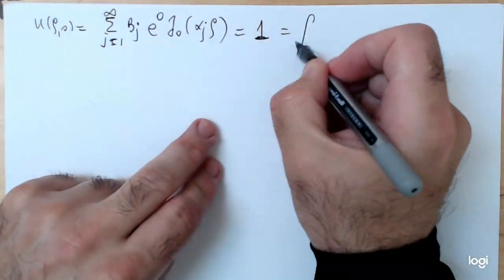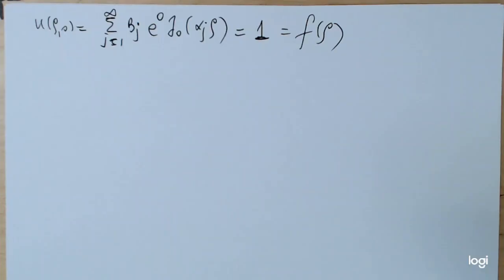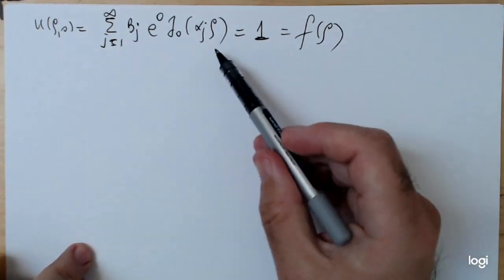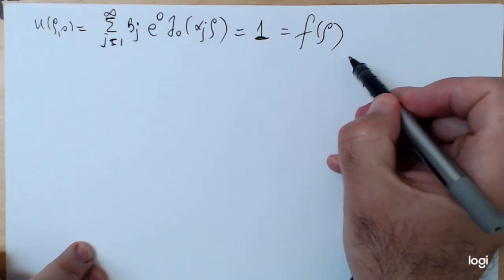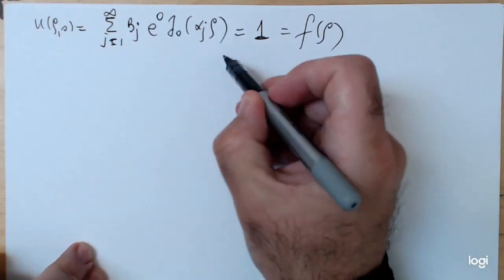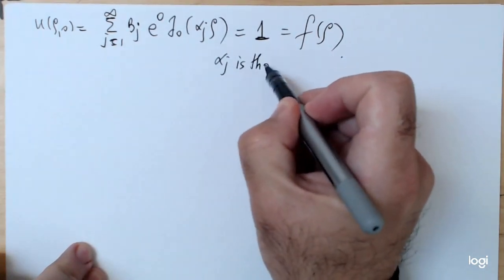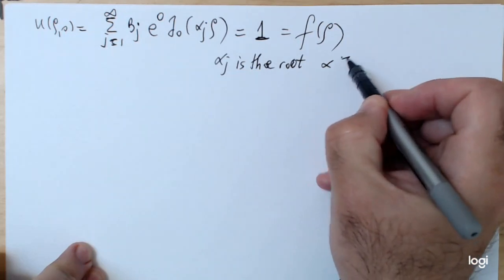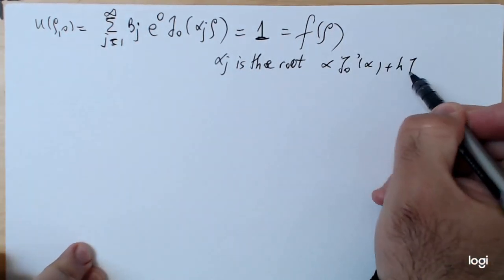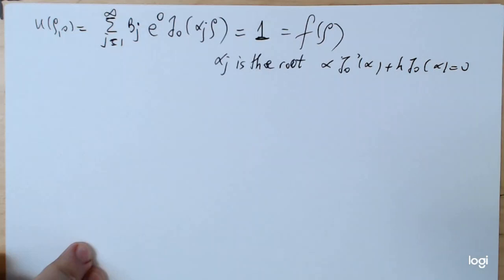By the way, this is the function that stands for f of rho, right? When you use the formula for the Fourier coefficients. Okay, now I want you to take a look at the formula for the Fourier coefficients when alpha j come from, again, those conditions, so when alpha j is the root, or the roots of alpha J naught prime of alpha plus h J naught of alpha equals 0.